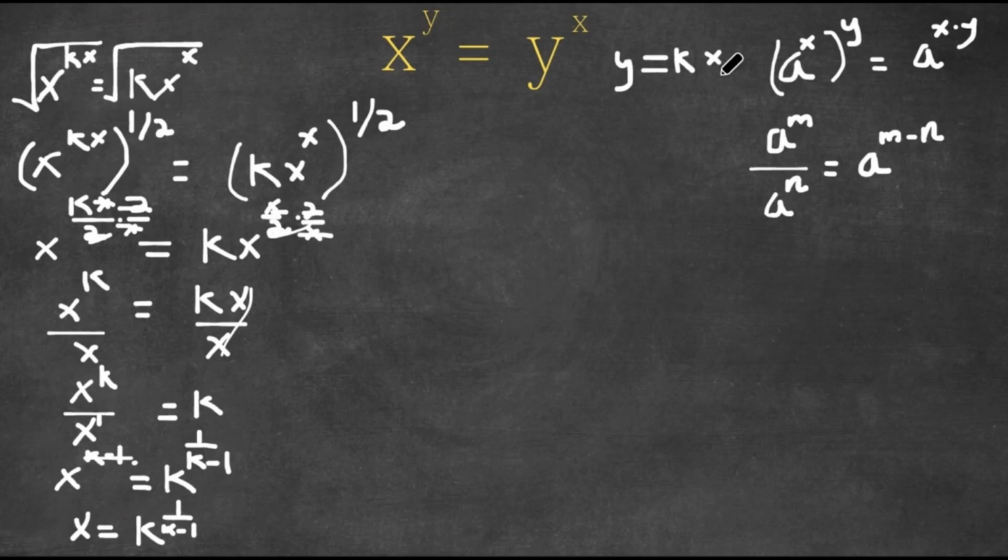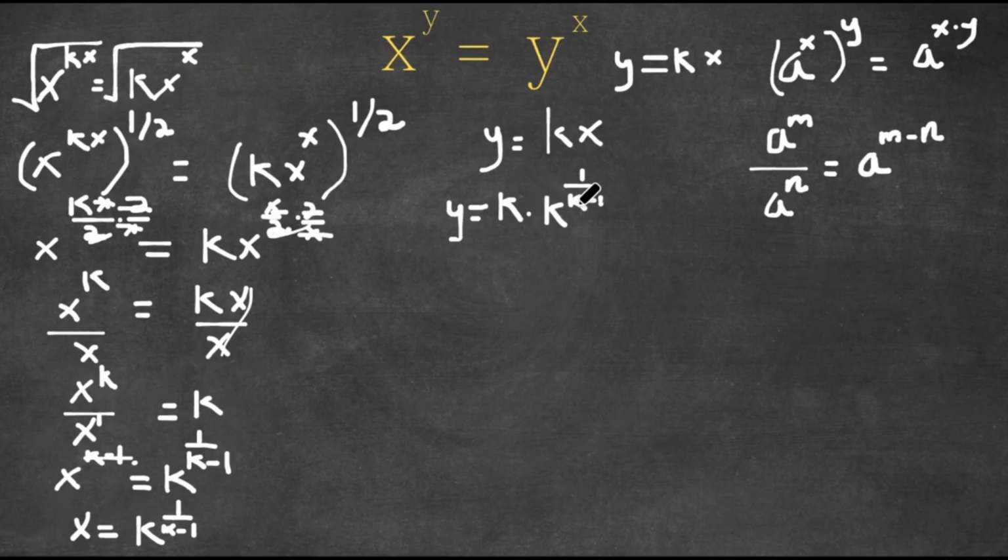So this means that if y equals kx, this would mean that y would equal k times x, and we already know our value of x, which is k to the power of 1 over k minus 1.